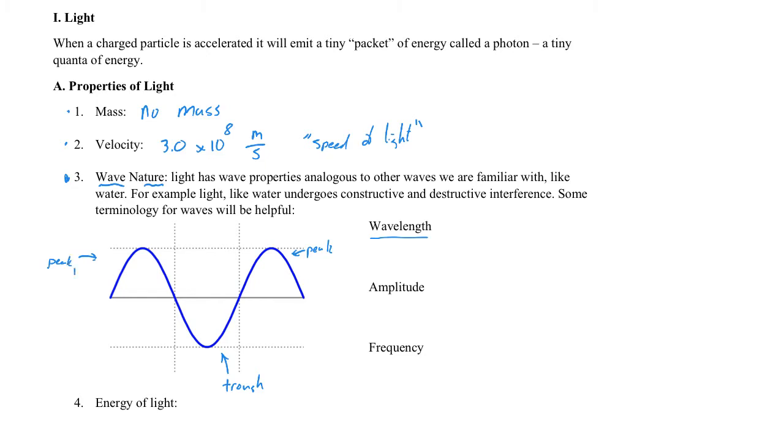So let's call this peak 1, we'll call this peak 2, and this is like trough 1. Now the wavelength is the difference between successive peaks or successive troughs. So if we locate the maximum peak here for this part of the wave, and this one, and then we measure the distance between these two successive peaks, this is called the wavelength.